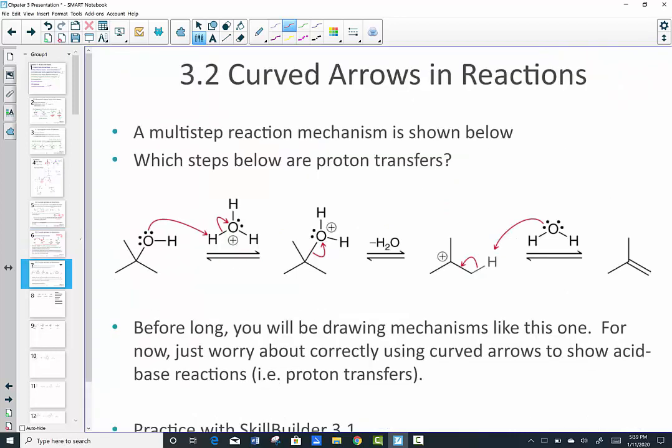Acid-base proton transfer is not multiple steps. It's one step with two arrows. So here represents an example of a multi-step reaction. Let's kind of go through. Let's call this, just to keep track of it, structure 1, structure 2, structure 3, structure 4. You might want to write those in your notes to kind of help track the flow of electrons.